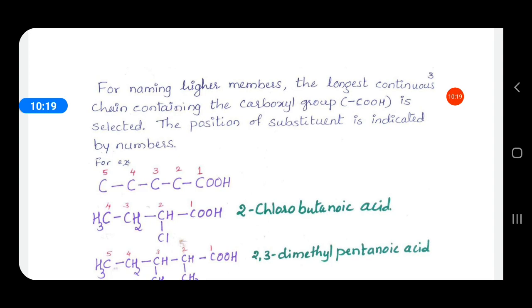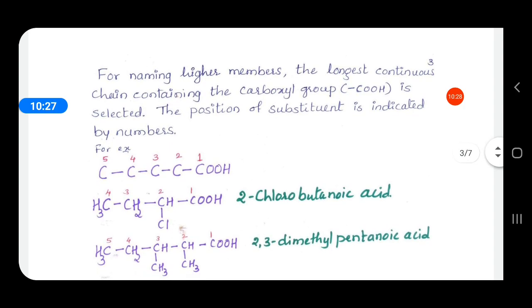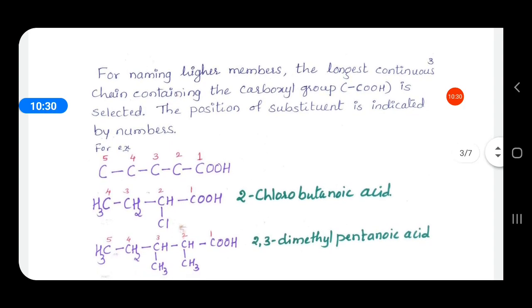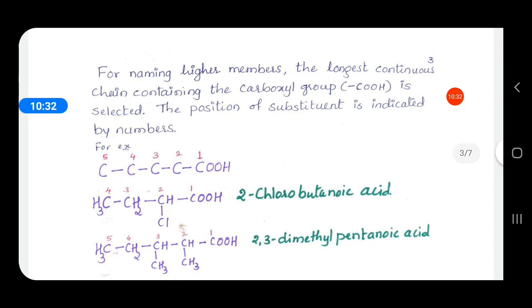But if the chain is long, then this naming becomes difficult. So in the IUPAC name, numbers are used to name the substituents. The positions of the substituents are indicated by numbers. Always the carboxyl group carbon is given number 1. Adjacent to that 2, 3, 4, 5 like this.